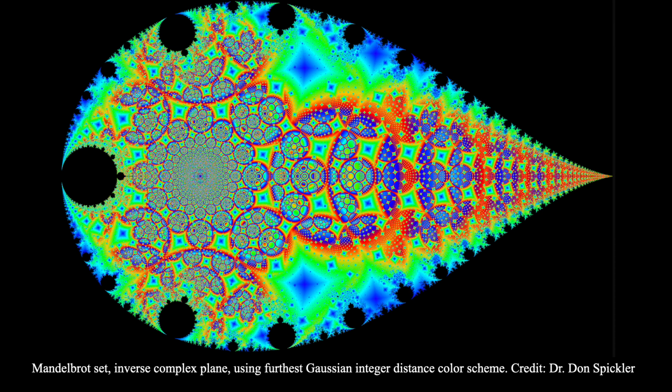Here we have the Mandelbrot set again using the furthest Gaussian integer distance color scheme. So these are just two examples of how the Gaussian integers and the complex plane in general can be used to show these fractal patterns in a really cool and unique way.